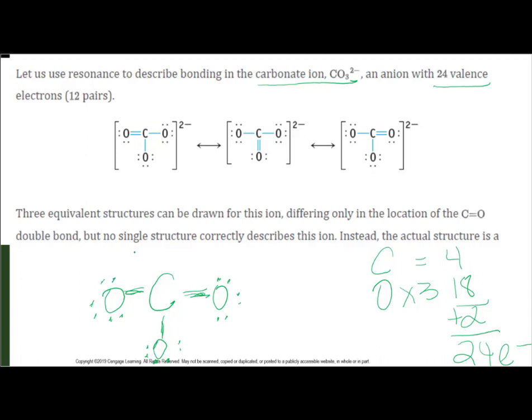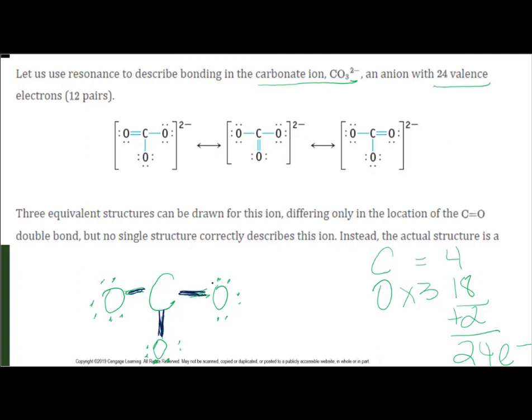Looking at this, all of our oxygens are happy and they all have 8. But the problem here is that carbon is not happy. Carbon needs 2 more. And carbon doesn't have any lone pair of electrons up there because 24 electrons have been accounted for between this oxygen on the left, this oxygen going down, and this oxygen to the right.